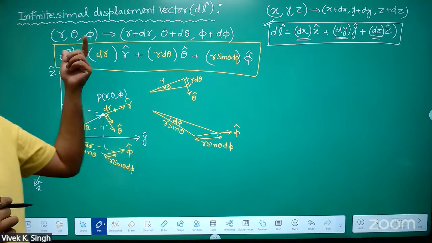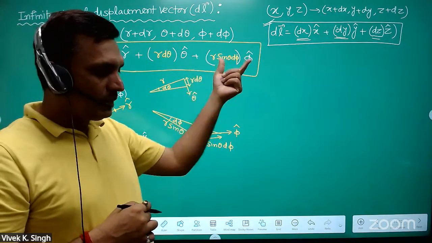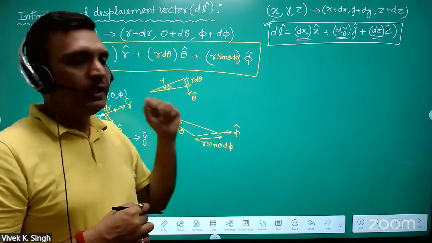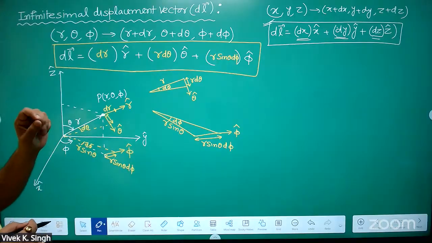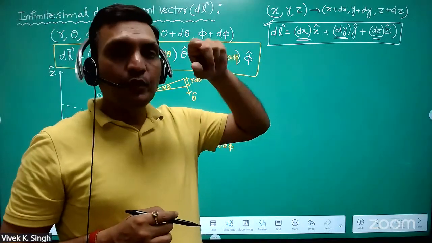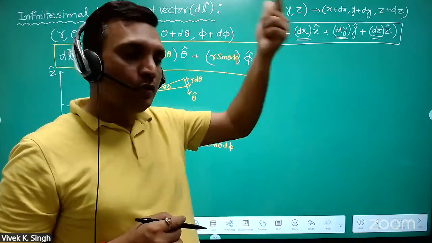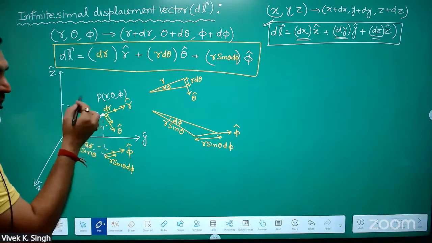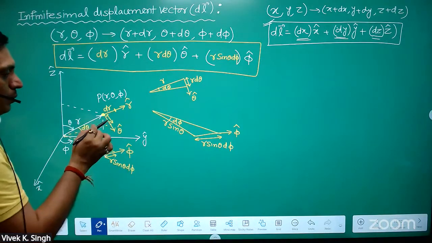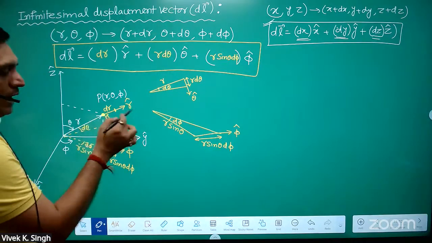You must remember the dl vector: dr r cap, r d theta theta cap, and r sin theta d phi phi cap. And you can visualize, just like here, you have visualized an elemental cube whose axes are along x cap, y cap, z cap. Now you should visualize an elemental cube around this point, but whose axes are the r cap, theta cap, and phi cap directions.